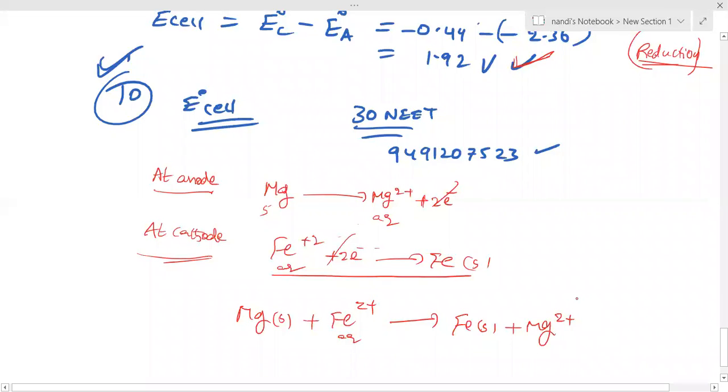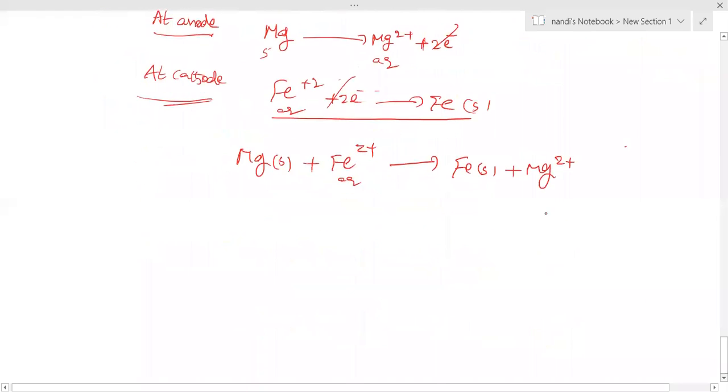So next 2 metals which I am providing here. Which is anode, which is cathode, you have to identify first. And which is reducing agent, which is oxidizing agent, also you need to identify.